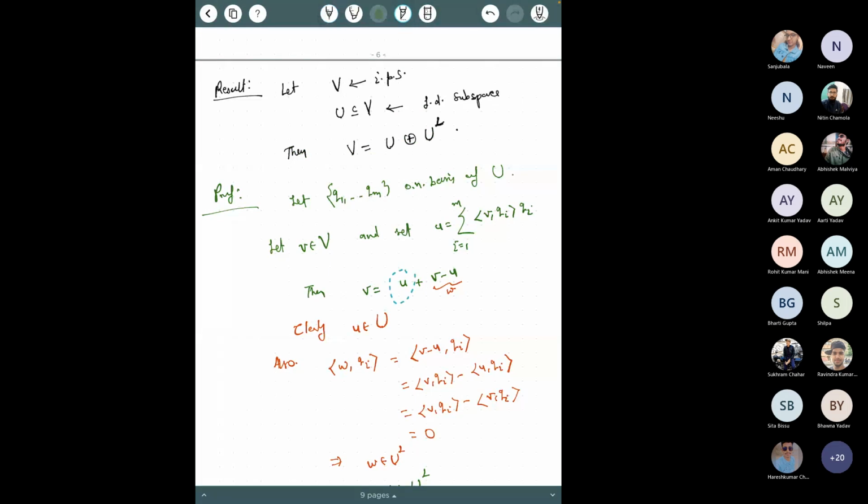And what is this u? U is a vector which is in this form.